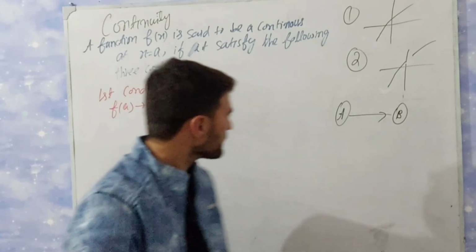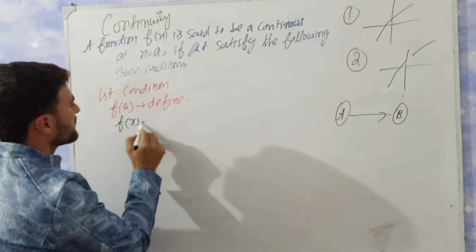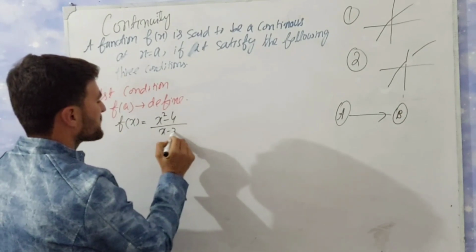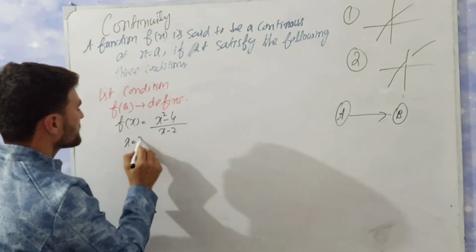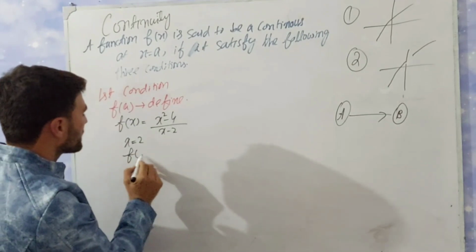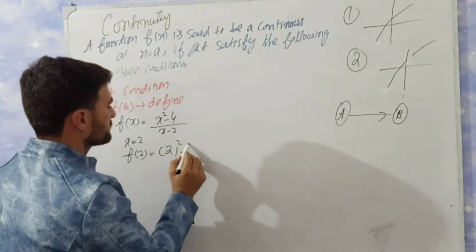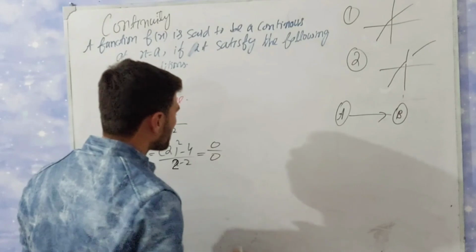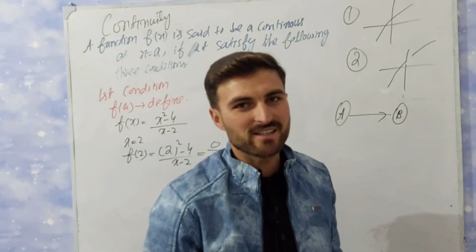Let's suppose we are giving an example that f of x is equal to x square minus 4 divided by x minus 2. Let's suppose we are taking x is equal to 2. Now look here. The answer is 0 divided by 0, and 0 divided by 0 is undefined.